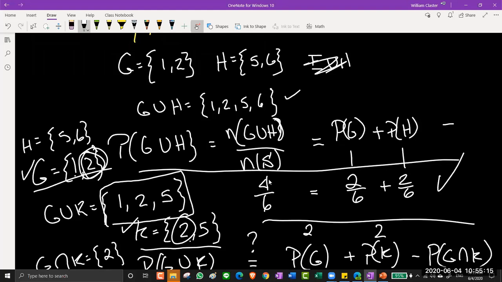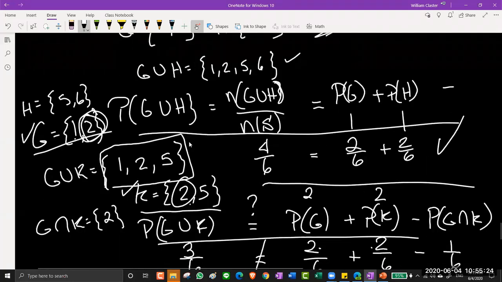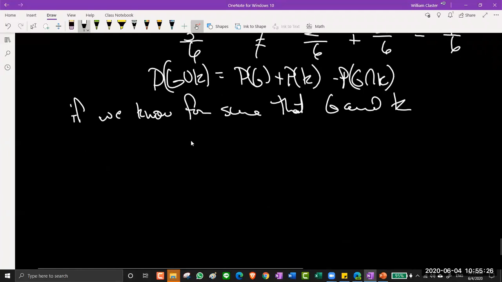Here we got 4 6 and 4 6. We didn't need that extra piece because they had nothing in their intersection. So if we know for sure that G and K have nothing in common, then we can make it a little shorter. We can write what?